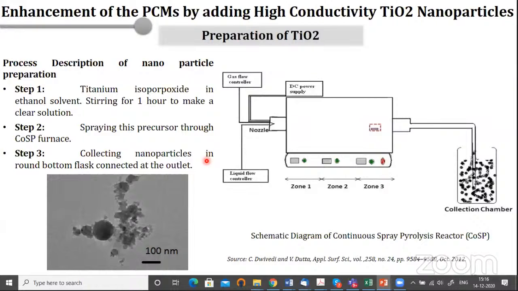So fins were outperforming. Now we will see how we can introduce nanoparticles into the phase change material. For that, we have prepared some high conducting titanium oxide nanoparticles in our lab itself.